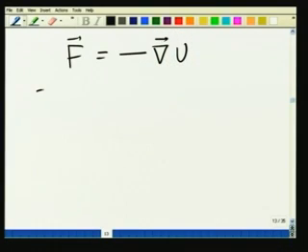How about the 3D case? In this case, I have force which is equal to minus the gradient of u, and gradient of u is in increasing u direction.